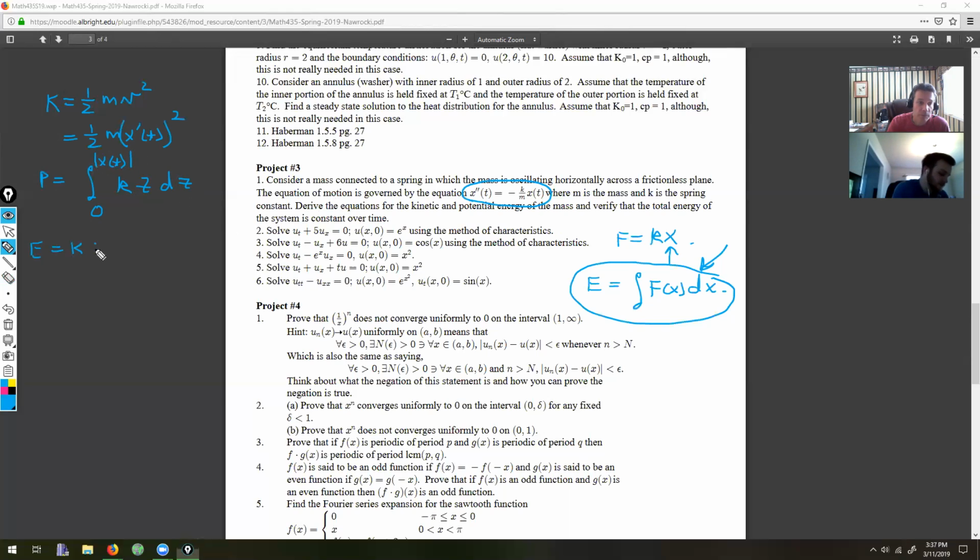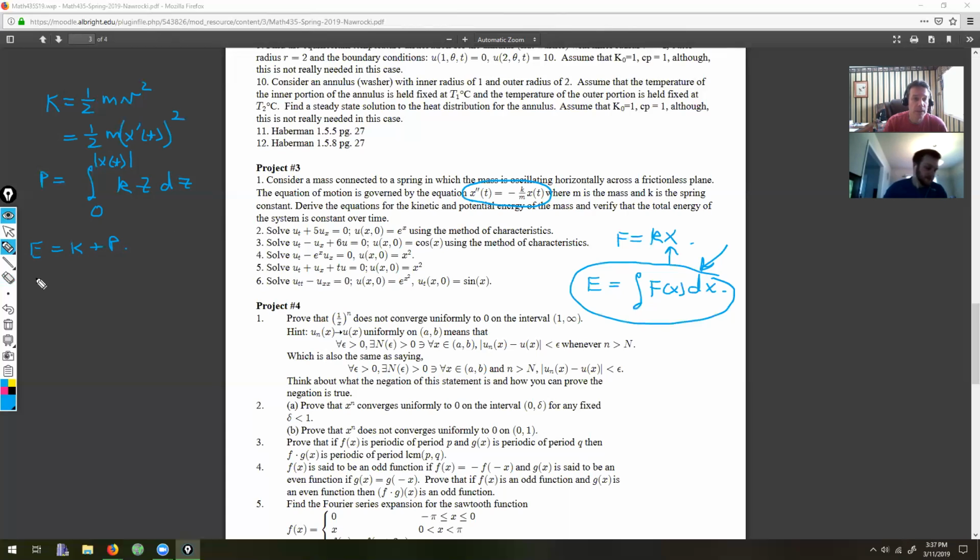Now energy equals kinetic plus potential. If we want to show that this is constant over time, how can we do that? What do we need to show? That it doesn't change over time, so we need to show its derivative equals 0.